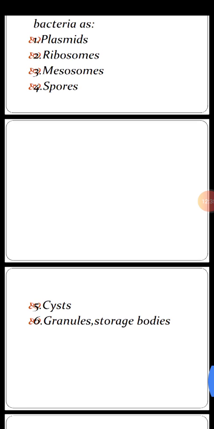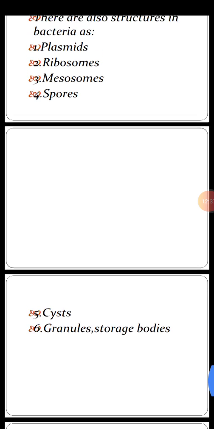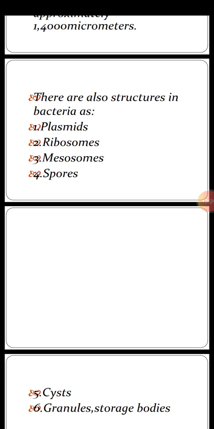Now we will discuss them one by one. Number one is plasmids. Many bacteria contain plasmids in addition to chromosomes. What are plasmids? These are circular double-stranded DNA molecules. They are self-replicating but are not essential for bacterial growth and metabolism. Plasmids contain drug-resistant, heavy metal, disease and insect-resistant genes on them.